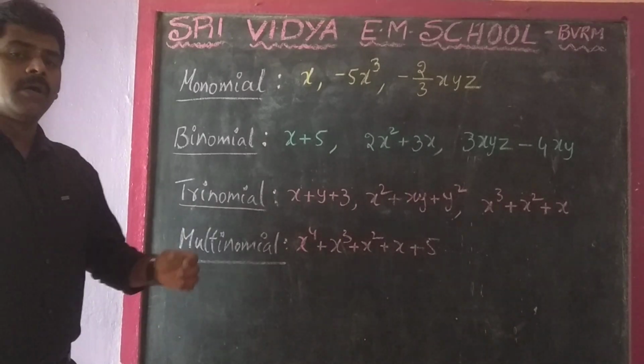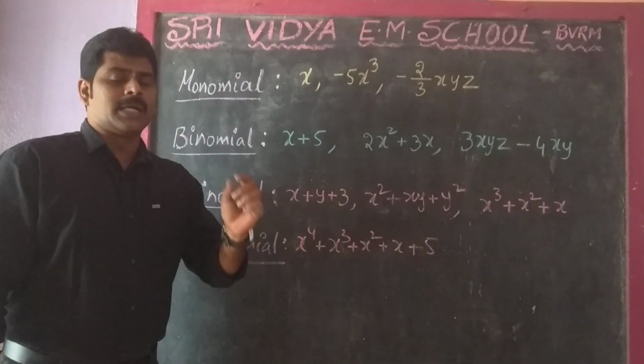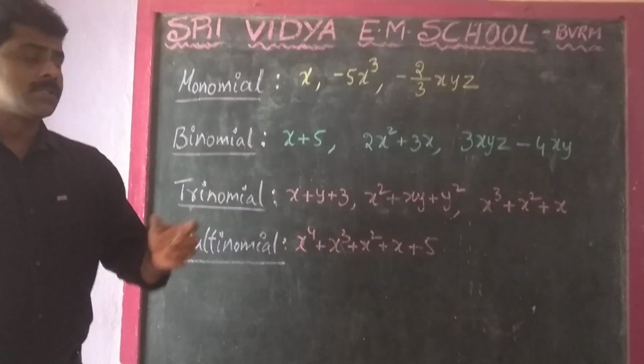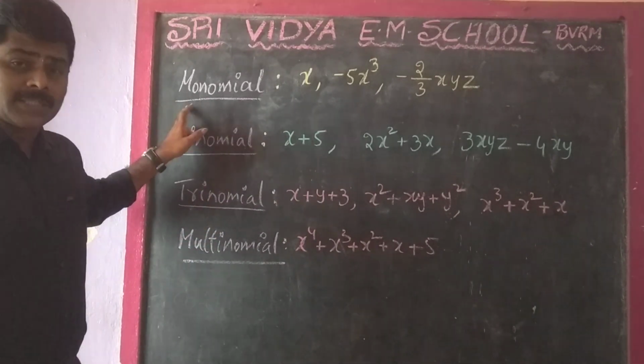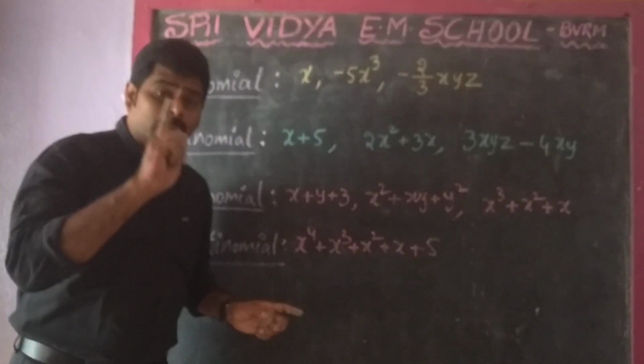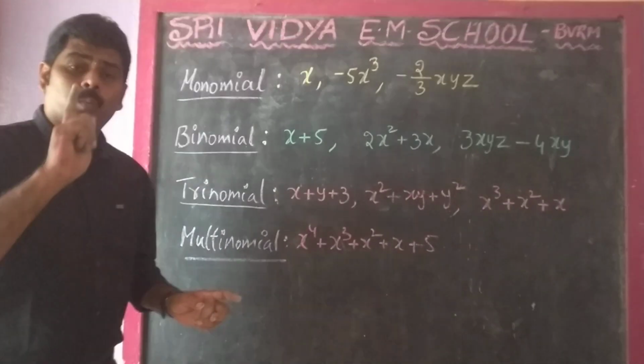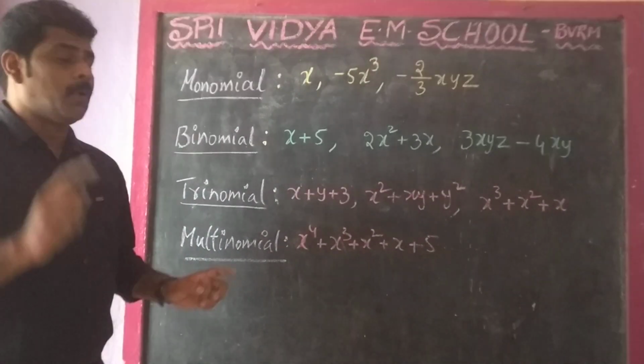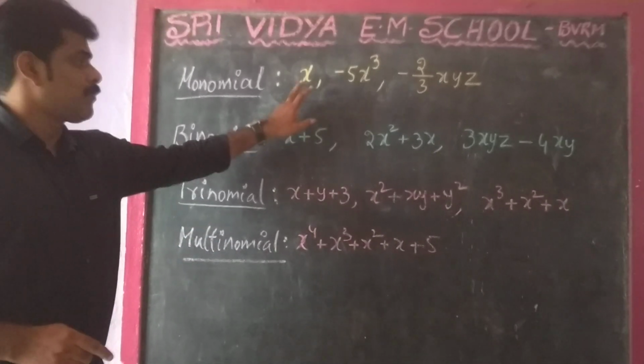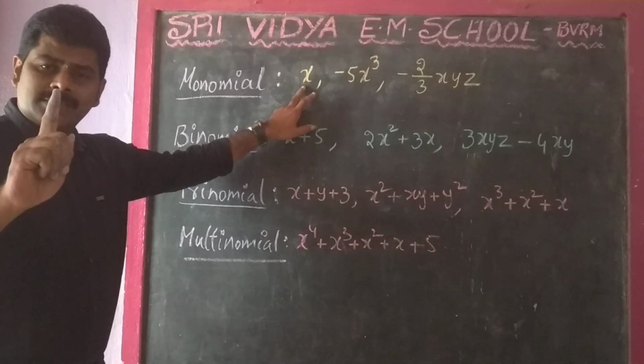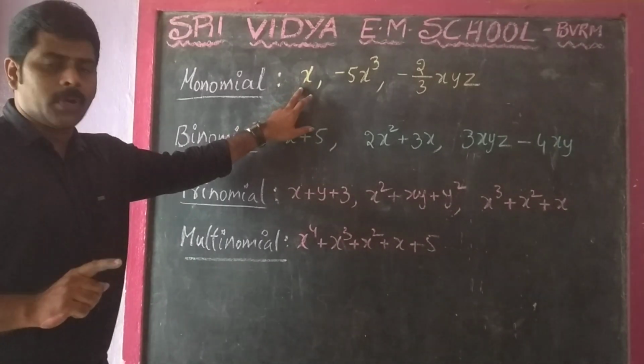An algebraic expression contains terms. An algebraic expression that contains only one term is known as a monomial. Look at the example. x, it is a single term, so it is a monomial.